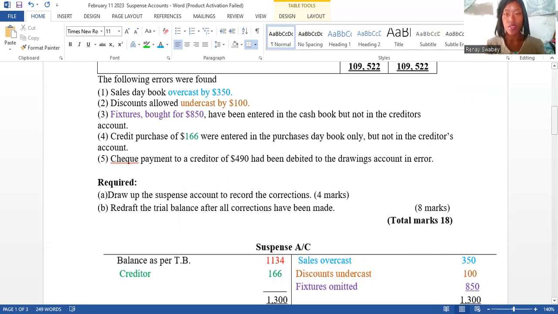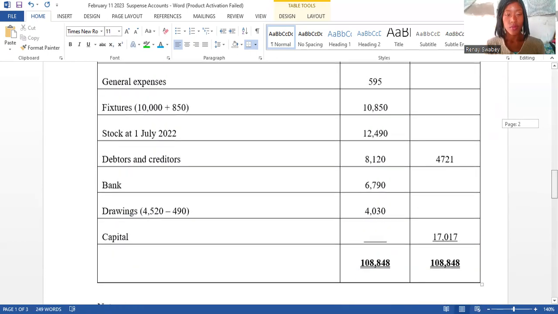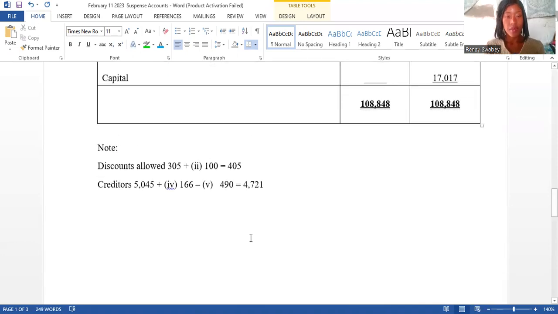So this is what we're going to do. Scrolling down. This original creditor's figure that we have in the previous or incorrect balance sheet is $5,045. What we're going to do is add the purchase on the cost of $166.